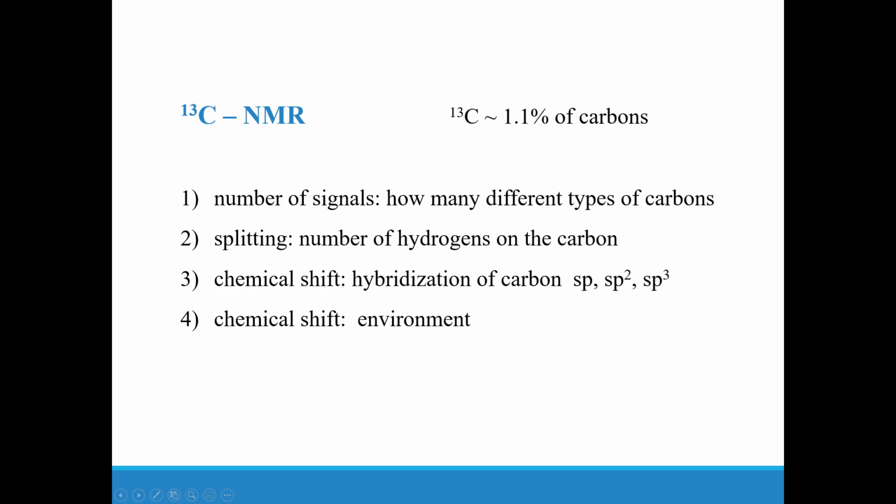It's found in nature, so it can be found in about 1.1% of all molecules that have carbon in them. It's the same thing as proton NMR. We check the number of signals for the different types of carbons, the splitting to show the number of hydrogens on the carbons, any chemical shifts that occur due to hybridization, as well as any chemical shifts that occur due to the environment.